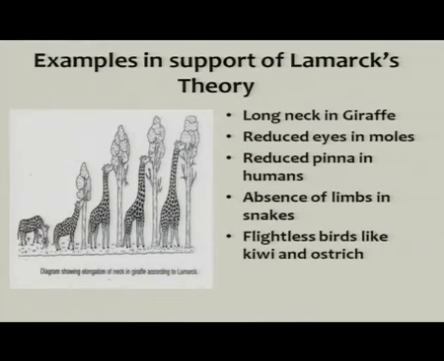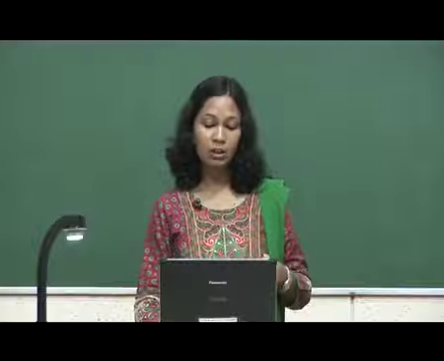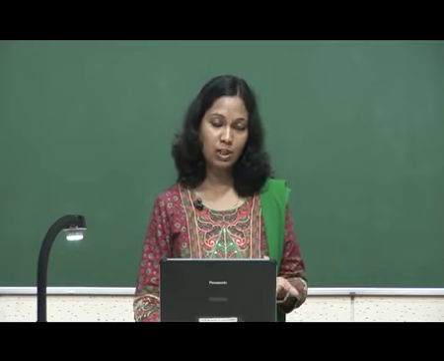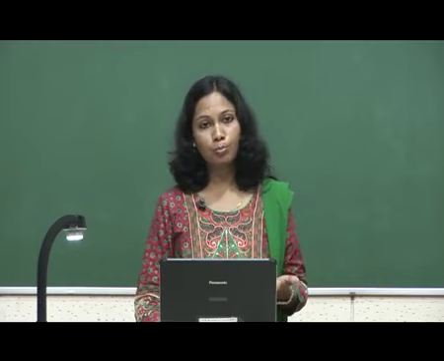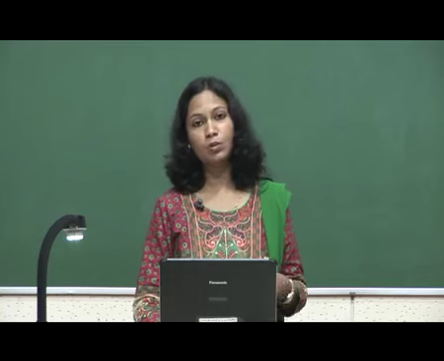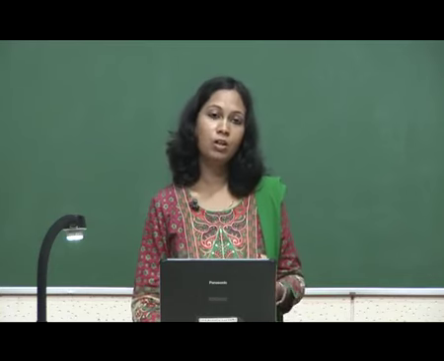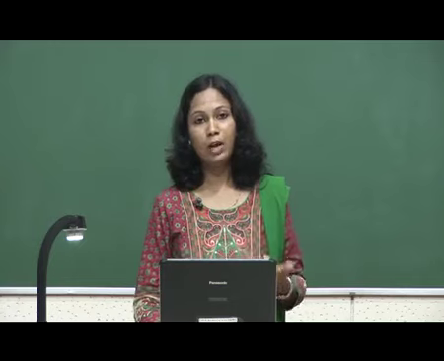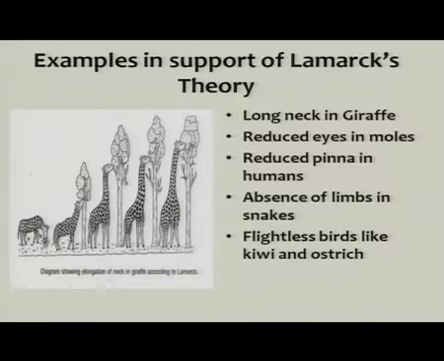Then the flightless birds like kiwi and ostrich became flightless. They evolved from birds having wings, but they became flightless because they went to places like New Zealand where there was no competition for them and there was ample food, so they didn't need to fly from one place to another in search of food, and this led to reduced wings or loss of the ability to fly.